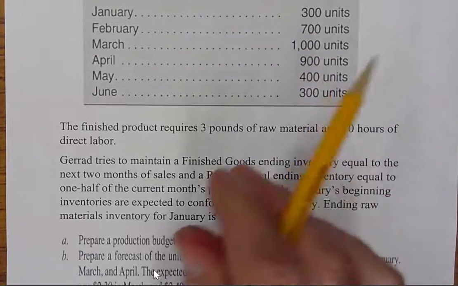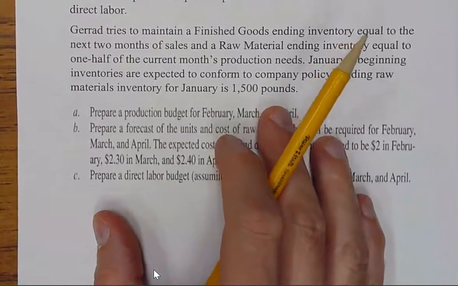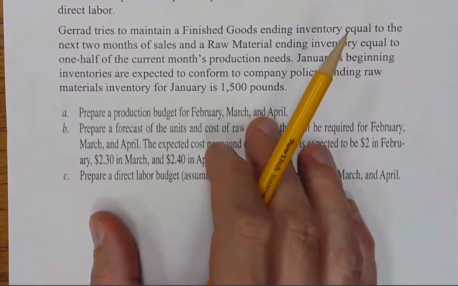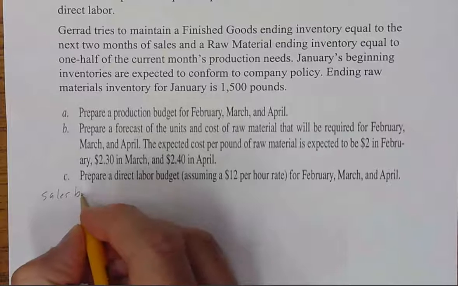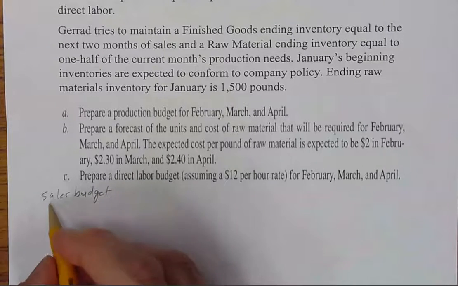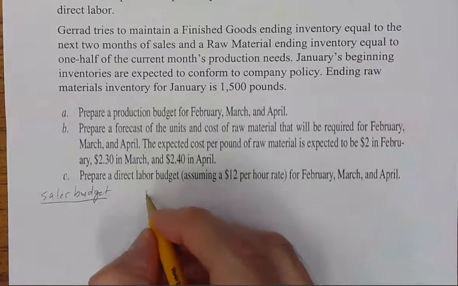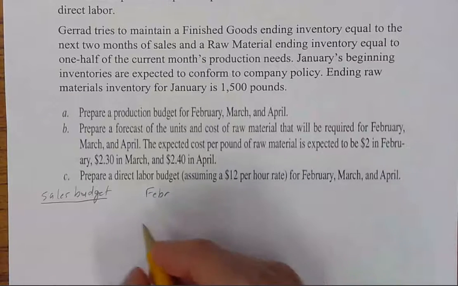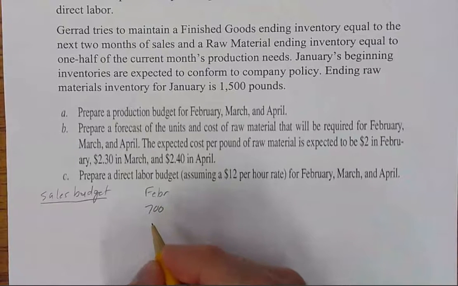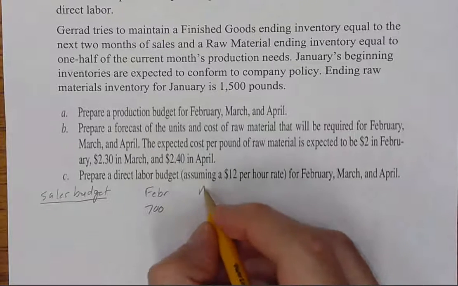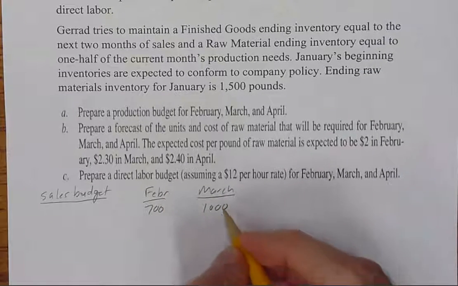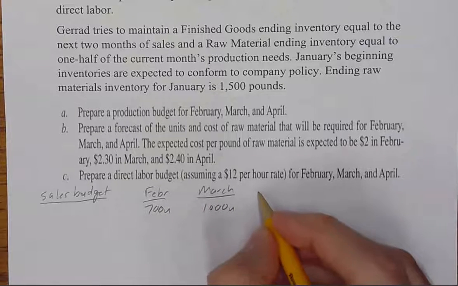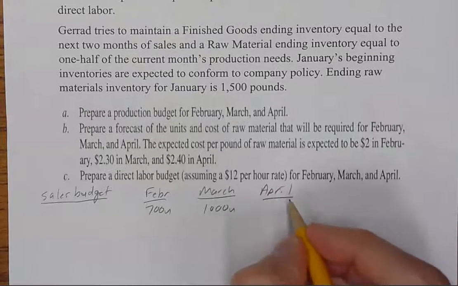and 900 for April. I have enough room on this piece of paper, and we're just going to do a quick little sales budget. For February, we projected sales of 700 units, directly from the scenario. March is 1,000 units, and April is 900 units to be sold.